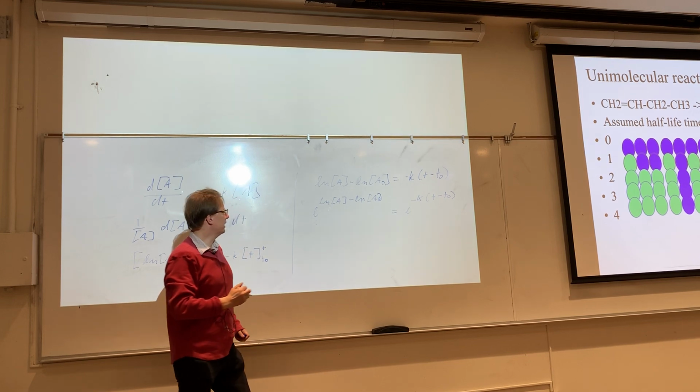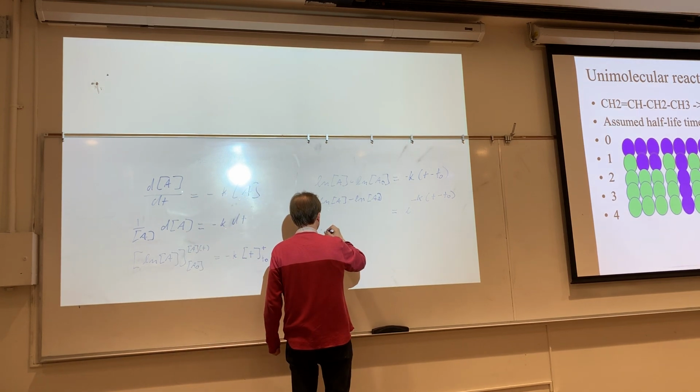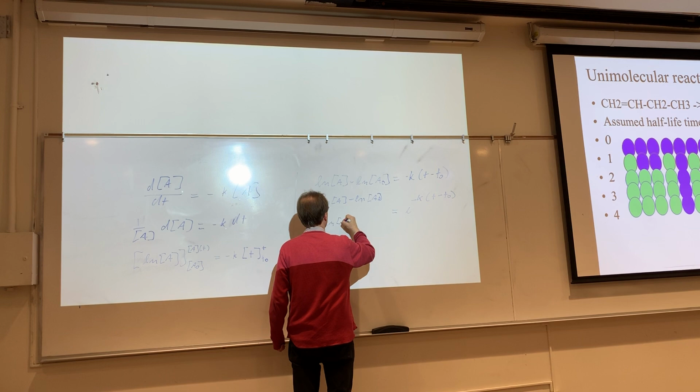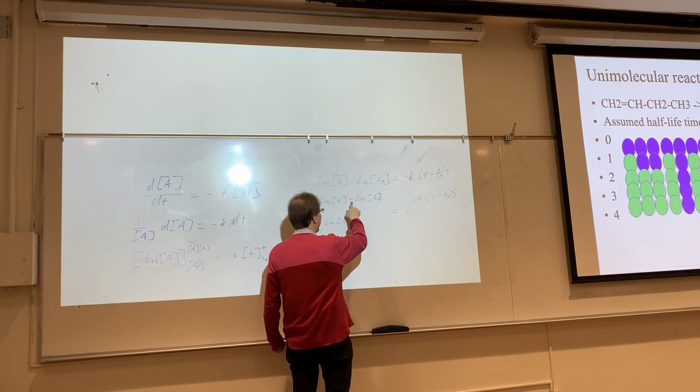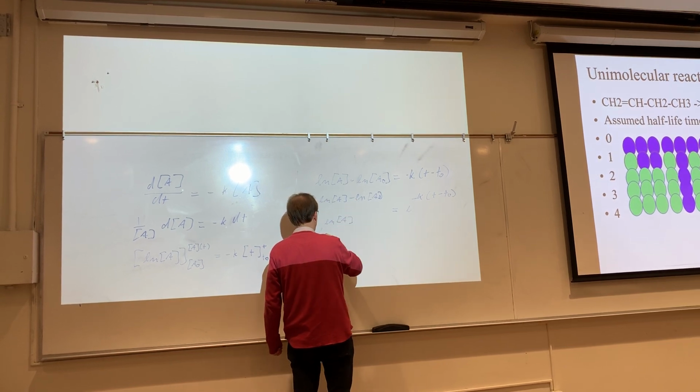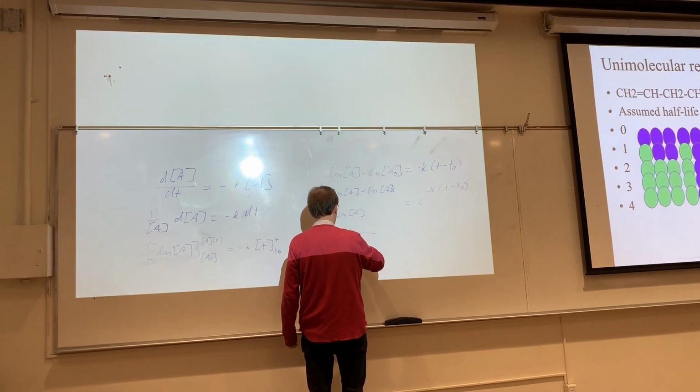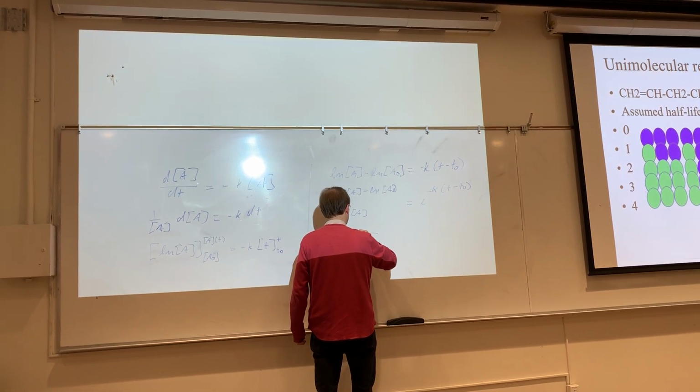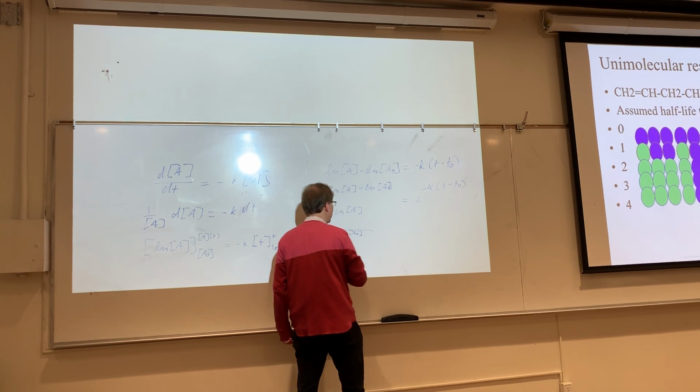This one over here is the same thing as e to the power of ln of concentration of A divided by e to the power of ln of the concentration A0.